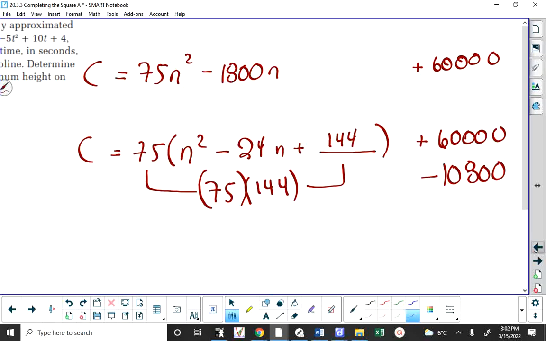So when I write this in completed square form, I have a 75 here. By the way, I hope you understand the 75 has nothing whatsoever to do with the answer to this question, other than the fact that the parabola opens up. It will be 75 times n minus 12 squared plus, don't tell me, 49,200.